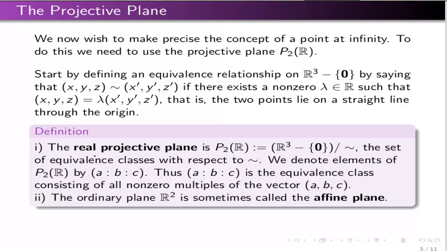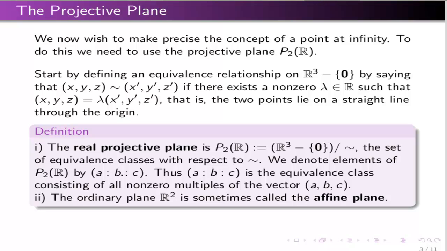So the real projective plane then is the set of all equivalence classes with respect to this equivalence relationship. And the way you denote equivalence classes is like this. You take your set, R3 minus the origin, mod out by tilde. So we denote the elements of the projective plane using colons.